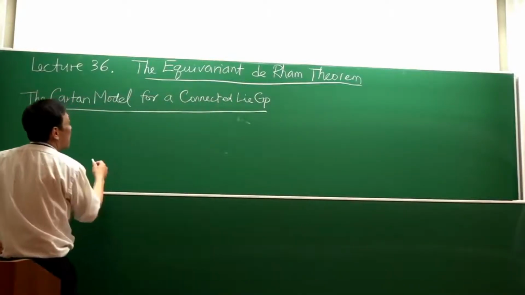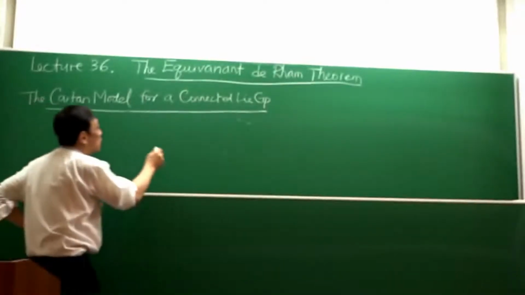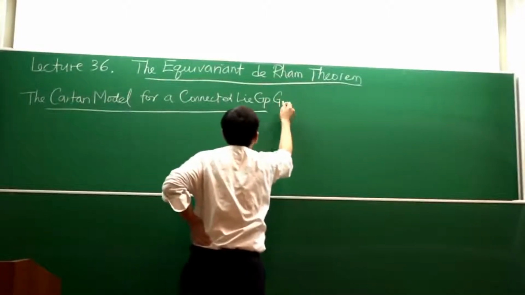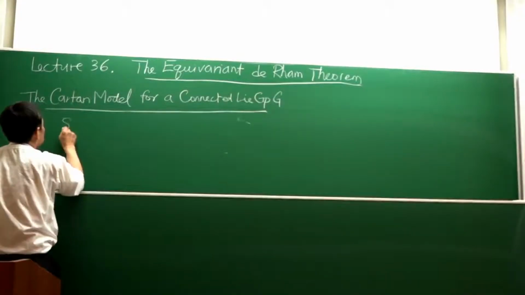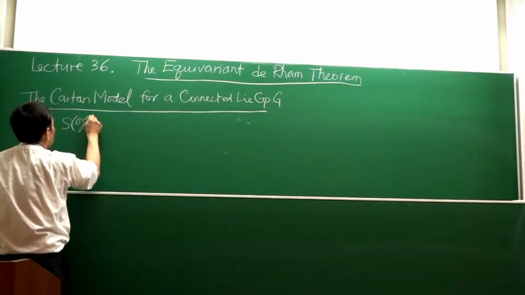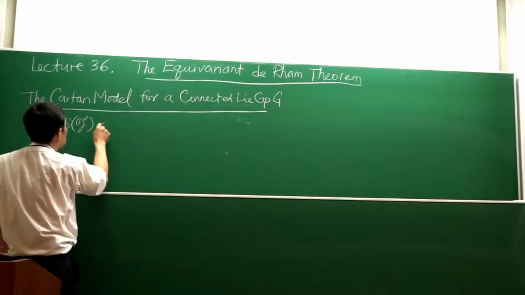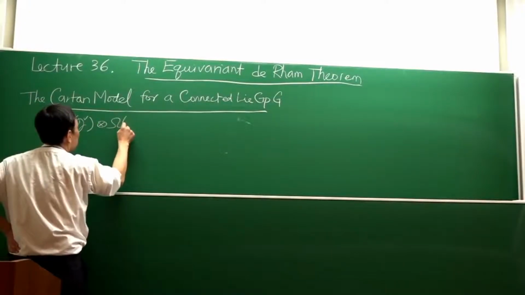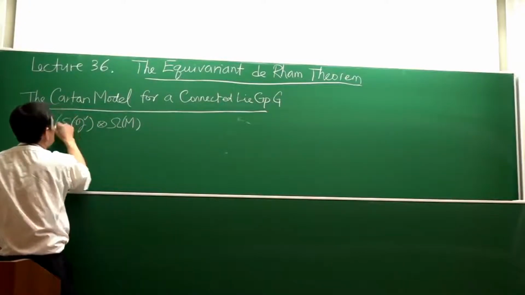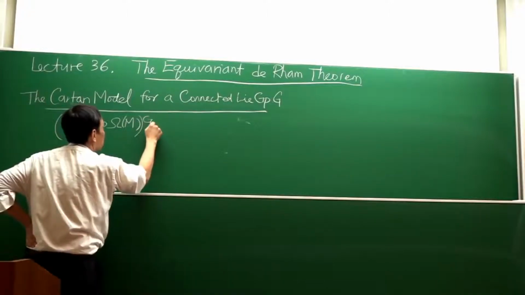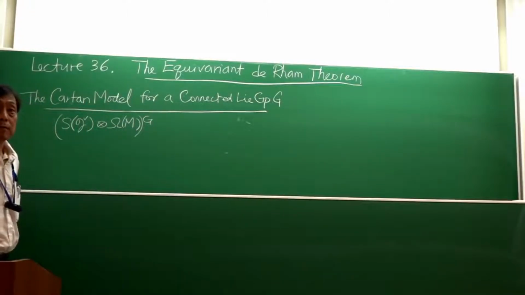So for a connected Lie group G, the Cartan model is the polynomial algebra on g tensor with the forms on N, and then you take the invariants.